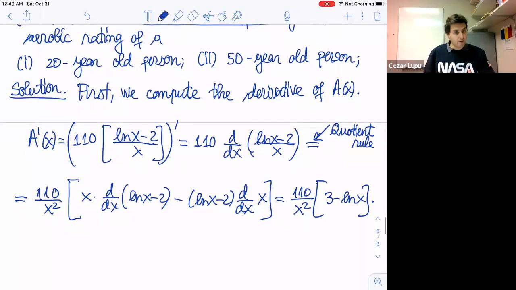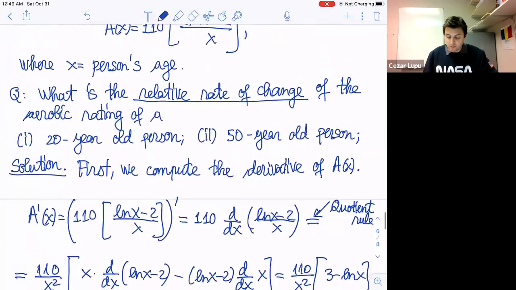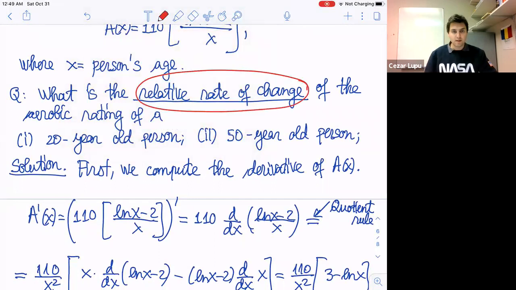And now we're not done yet. We're not done because look what we're asked to do. We're asked about the relative rate of change. Keep in mind, the relative rate of change is not the derivative, it's the derivative over the function.